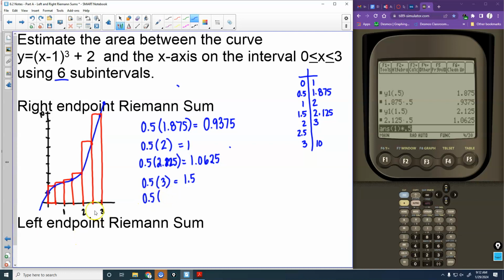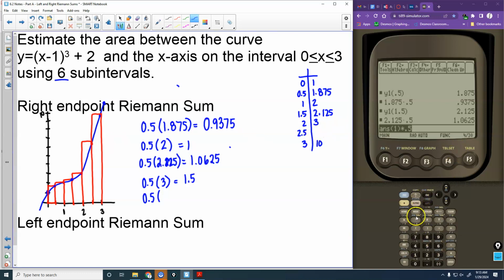Then, for the next one, we need the height of that fifth rectangle. What number would I plug in to find that? 2.5.